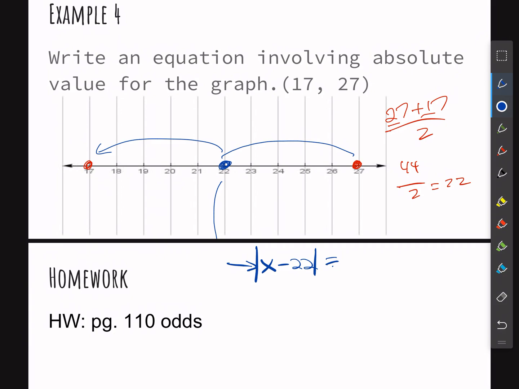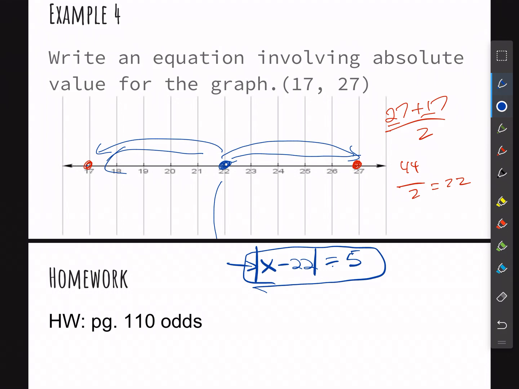The distance is 5, okay? So there's your equation, right? When you have points at 17 and 27, the absolute value of x minus the middle guy is equal to 5, because the distance in either direction from 22 is equal to 5.